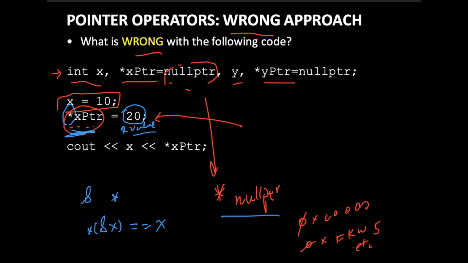Both are equivalent. Or if you do ampersand asterisk y, you should get back y. Just remember, both ampersand and asterisk are complements or inverses of each other, and these two relationships hold true in C and C++. This should complete our discussions on pointer operators.